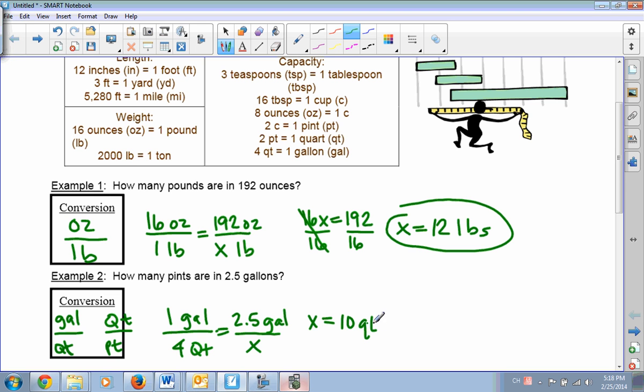But now we have to go from quarts to pints. Up here it says that there are 2 pints in a quart. So quarts to pints, we have 1 quart, there are 2 pints, and right now we have 10 quarts. How many pints is that? Again, we're just multiplying. 10 times 2 gives us 20 pints.